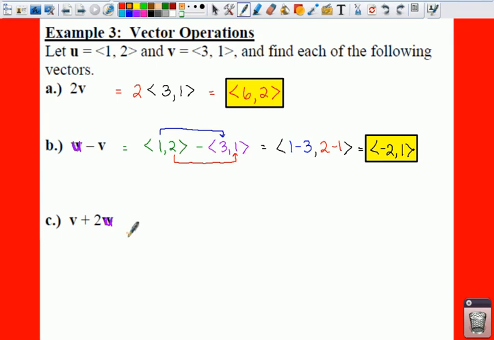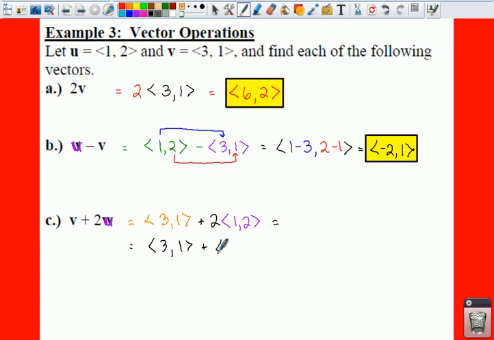Alright, finally on C, you have to take v plus 2 times u. So your v is 3 comma 1. However, your u, you're going to have to take 2 times your vector u, which is 1 comma 2. So we need to multiply those first. So we're going to have our 3, 1 here.